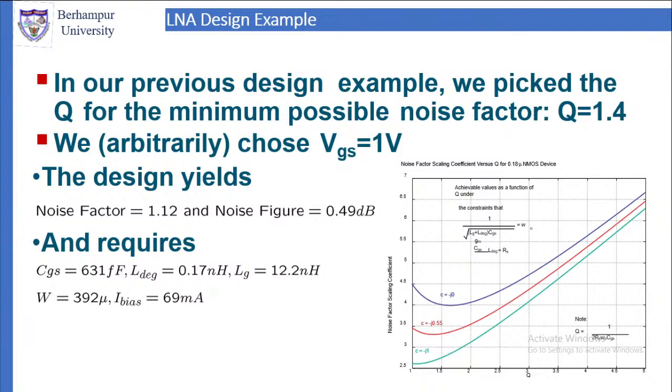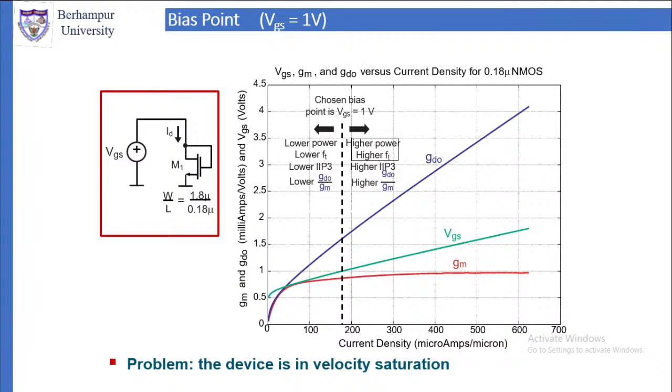And this required the gate source capacitance to be 631 femtofarad, the source degeneration inductance to be 0.17 nanohenry, the gate inductance to be 12.2 nanohenry, and W, or width, to be 392 micrometer. Bias current is 69 microampere. So this is what we saw last time.